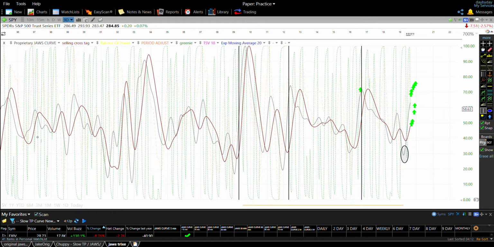At this point, nothing really looks as similar to, well, this part does look kind of similar as well.